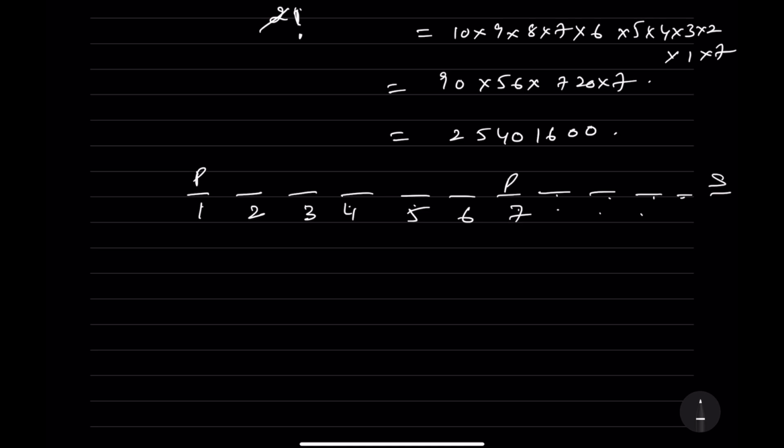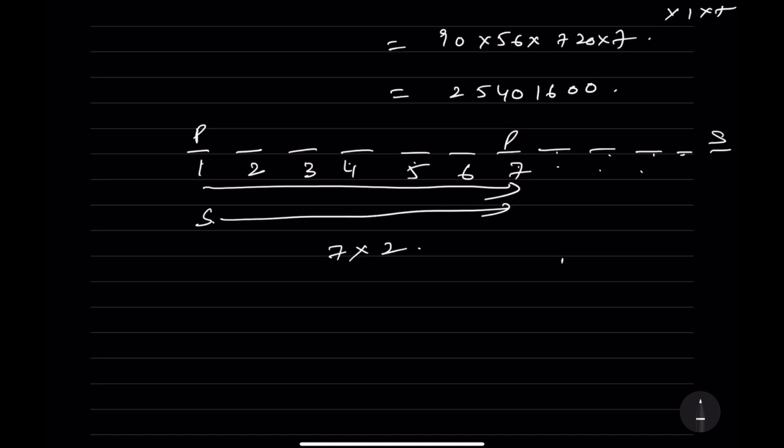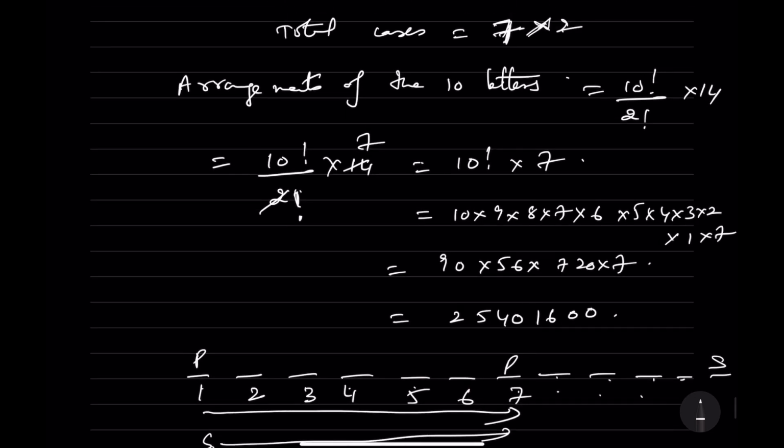So P can occupy 7 places. In the same way, S can also occupy 7 places. So this can be done in how many ways? 7 into 2 ways, because in the place of P, S can be. So the arrangements of 10 letters is 10 factorial divided by 2 factorial, where 2 is the number of times T is repeated, because T is the only letter which is repeated 2 times. So therefore 10 factorial by 2 factorial into 14, you are getting this as the answer.